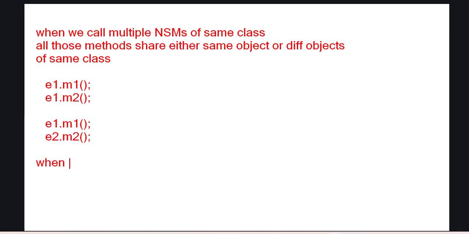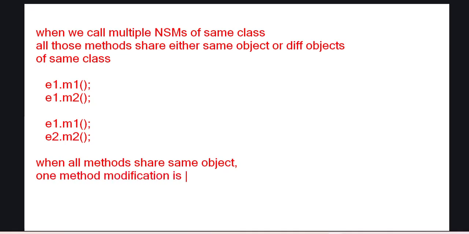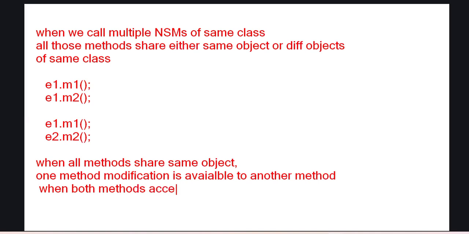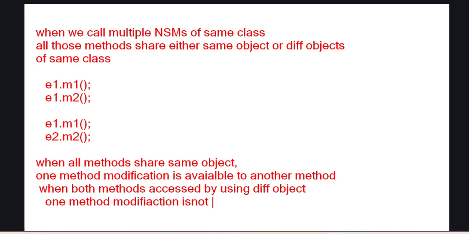When all methods share the same object, tell me, one method's modification is available to another method. When the methods are accessed using different objects, tell me, one method's modification is available or not available?